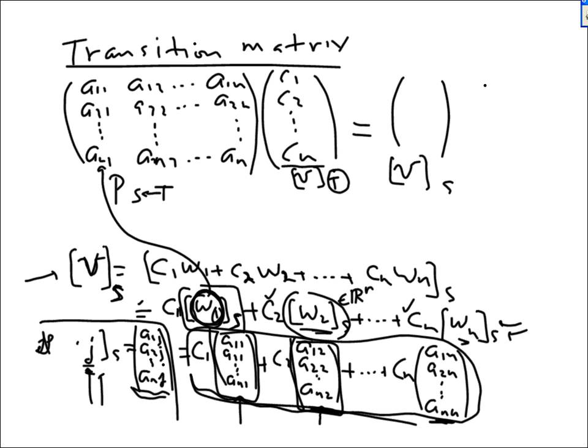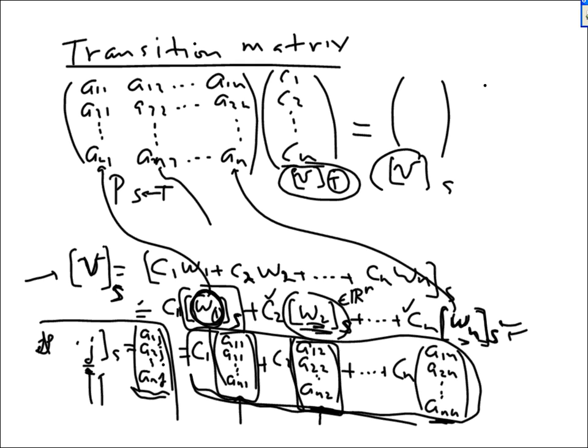Then I took the second vector in T, W2, and found its coordinates with respect to S and put that in the second column. And so on. Then I took the last vector in T, and found the coordinates of that vector with respect to S. And there it is. That is how you find the transition matrix. It takes things from basis T, and it gives you the coordinates in basis S.